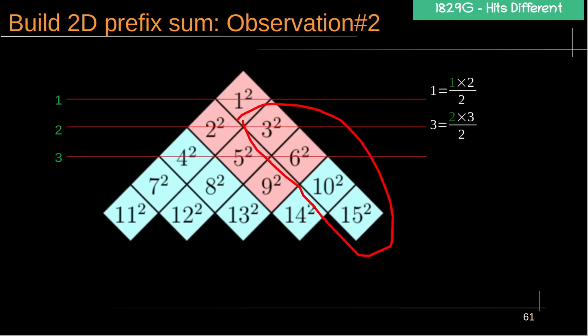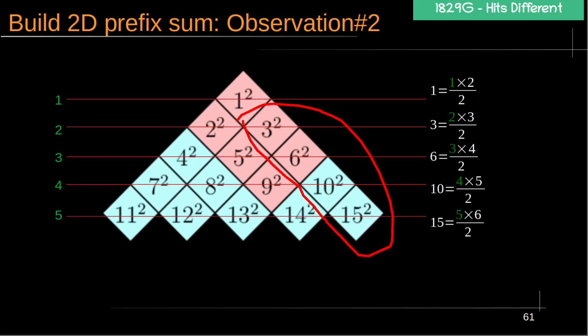For diagonal 3, 6 is equal to 3 times 4 over 2. Same for 10: diagonal 4 times 5 over 2. Same for 15: 5 times 6 over 2.